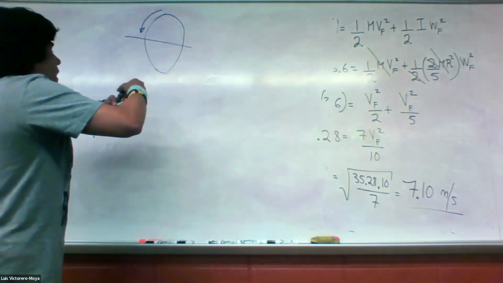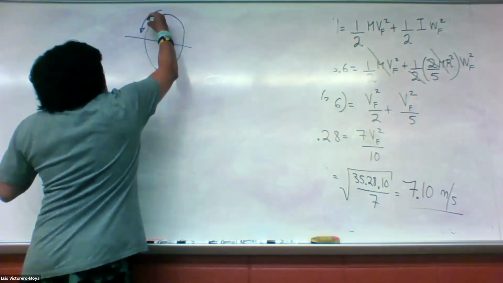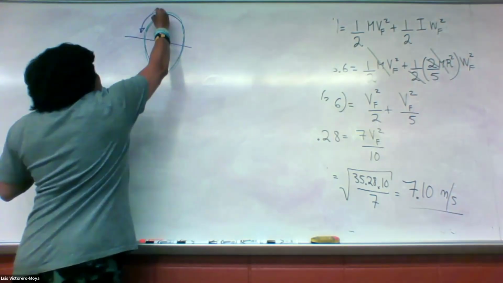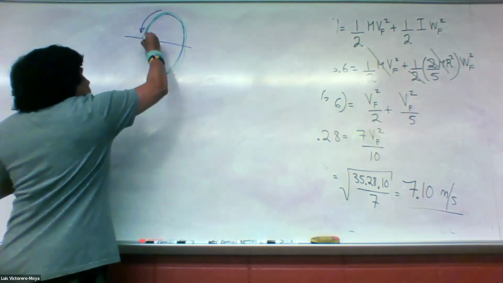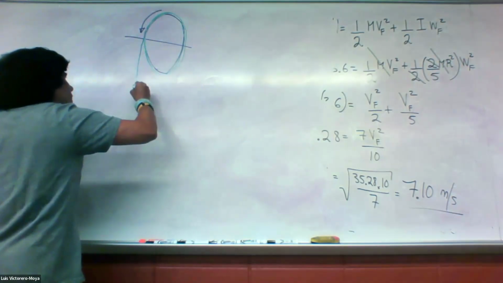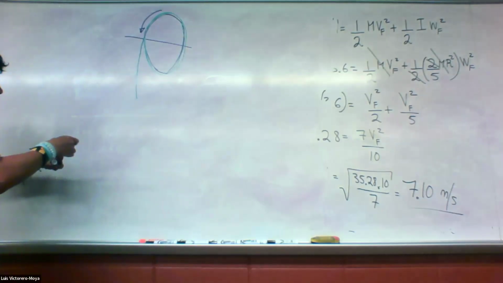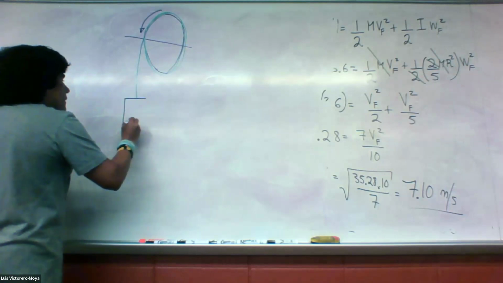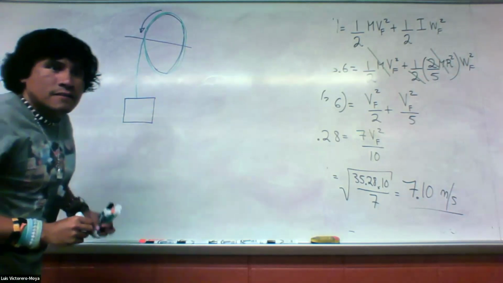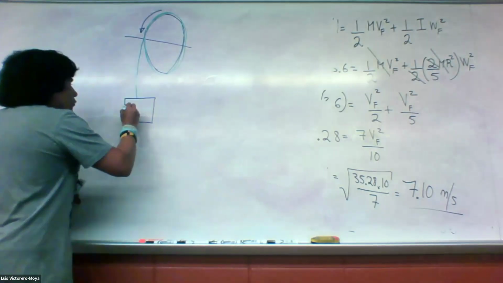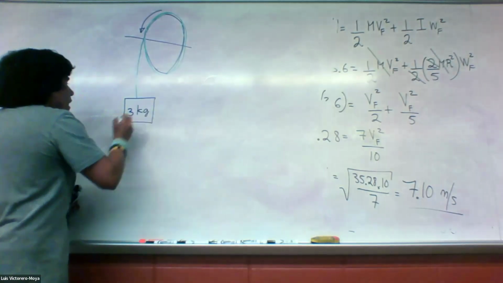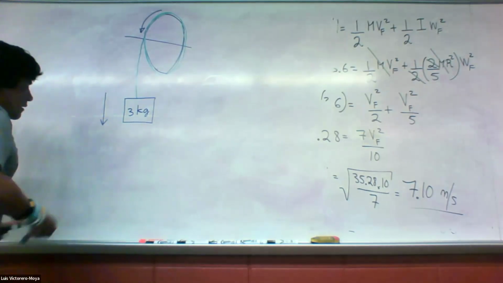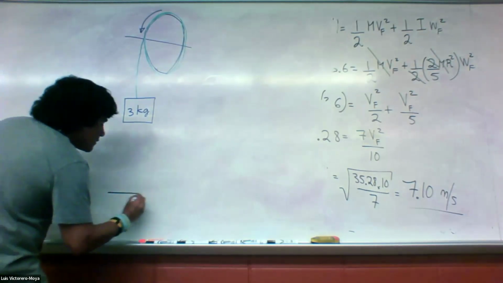But it's because it has a rope all around the pulley. All right? And at the end, it has a bucket or a mass. This mass is of 3 kilograms and it's going all the way down. And it's gonna fall towards the ground.